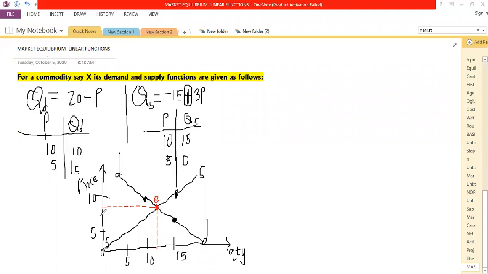So you can talk of a price of around shillings 8 or 8 shillings and 50 cents, somewhere there, around 8.5 or 9, depending on your accuracy. The quantity is slightly higher than 11, maybe 11.5 or 12.